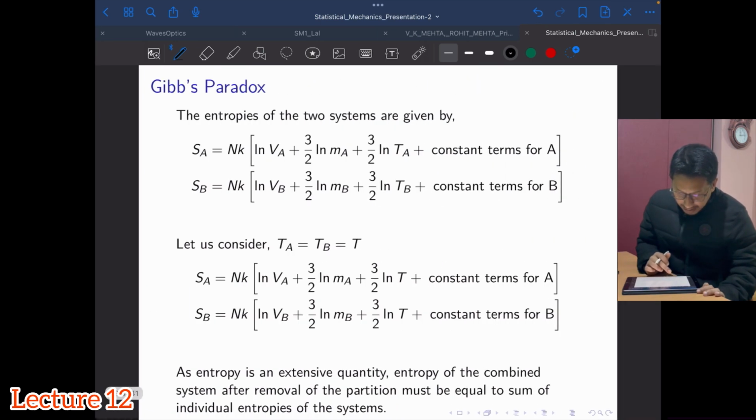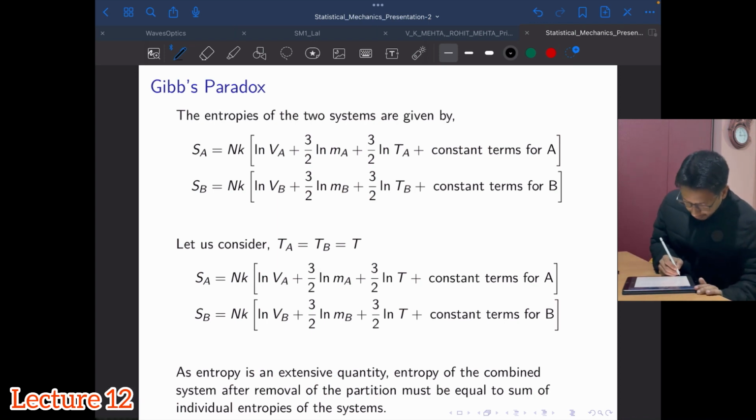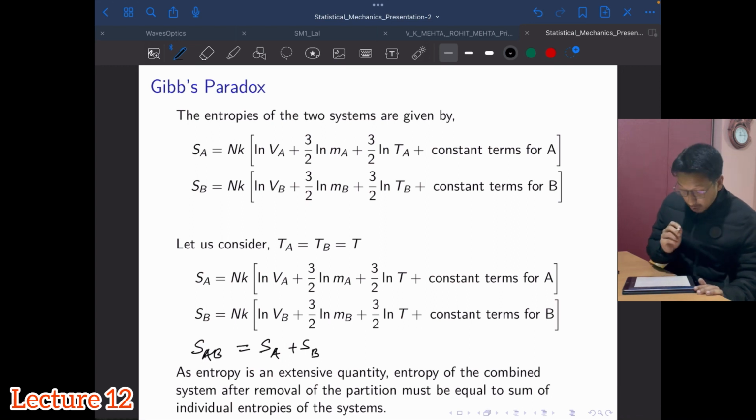Now, as I said, entropy is an extensive quantity. So the entropy of the total system must be given by SA plus SB. Now let's see what happens if we remove the partition.